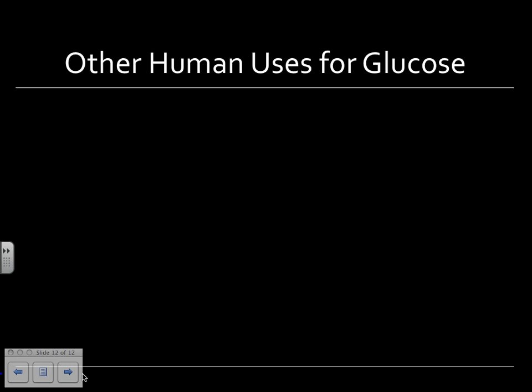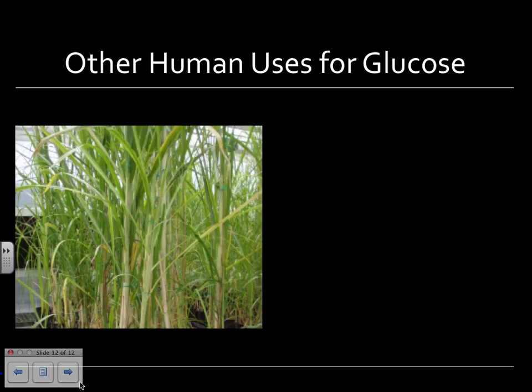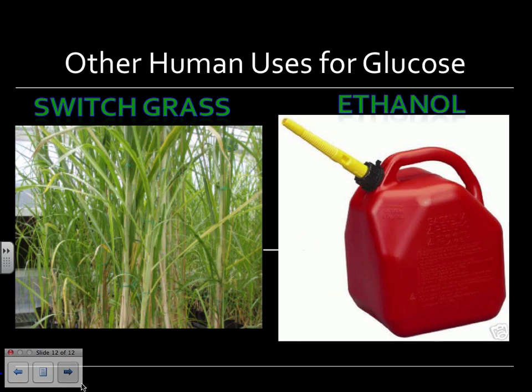Can humans use glucose for other purposes besides eating them for energy for their body? Yes. Scientists are now taking switchgrass and the glucose that's found in the switchgrass, and they are converting it to a fuel source for vehicles called ethanol. And students may have seen this at their local gas stations.